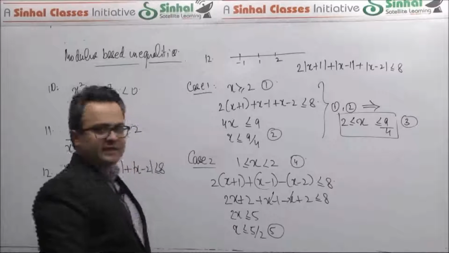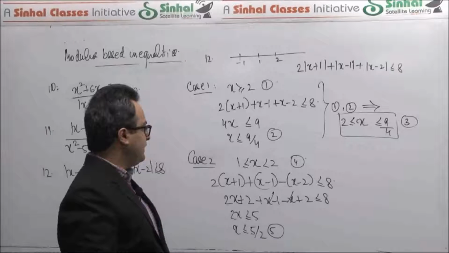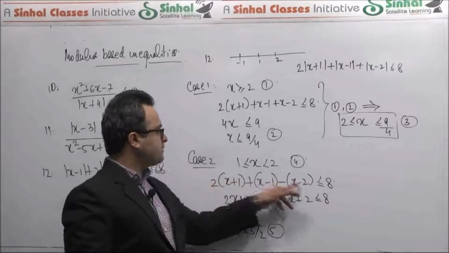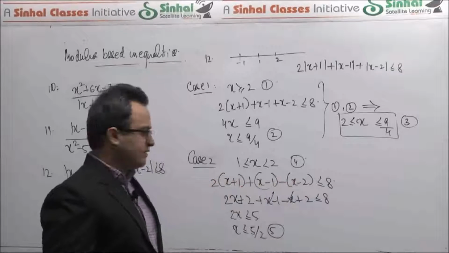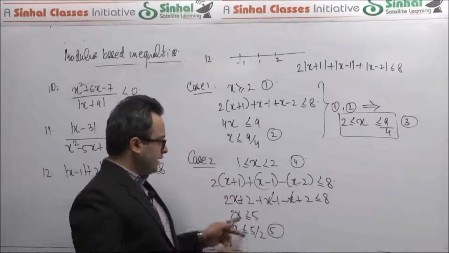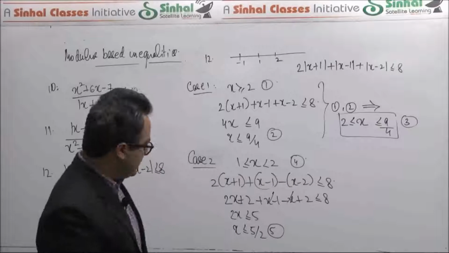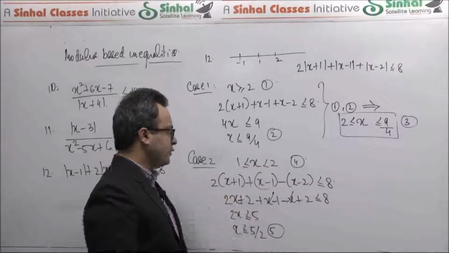The second case, I am assuming that x takes values between 1 and 2, it's greater than or equal to 1 less than 2. Under this condition, these are the modulus terms. Only mod x minus 2 will be minus of x minus 2. Solution set that I get is x less than or equal to 5 by 2. Again, we'll have to take an intersection of 4 and 5. So that should give me the set 1 to 2 itself.